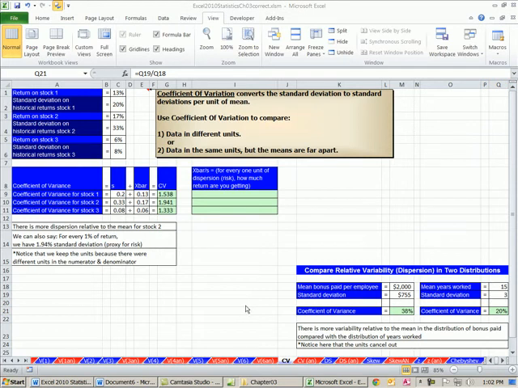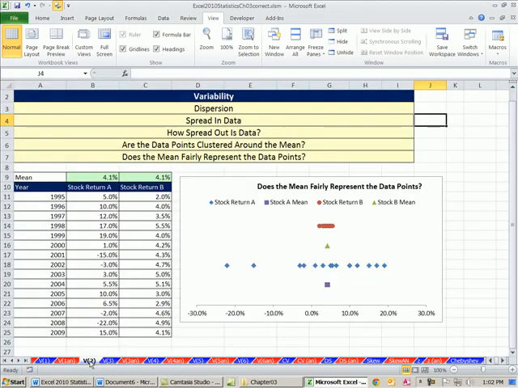Oh, actually, we have one more topic. I want to show you how to make that variability chart. I'm going to go over to the sheet, actually V2, and look at this chart. Now, we're going to create the chart on V3, but let's think about how in the world we do this. Now, here's all of the data points for stock A, and here's the mean.